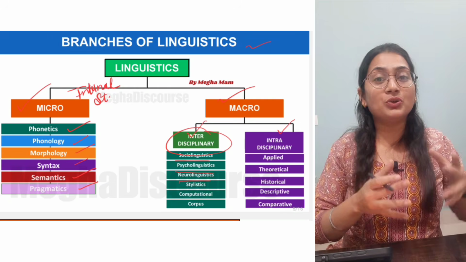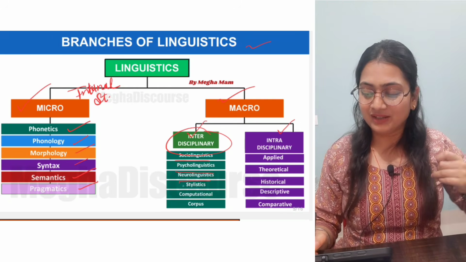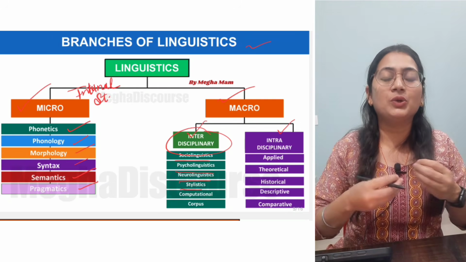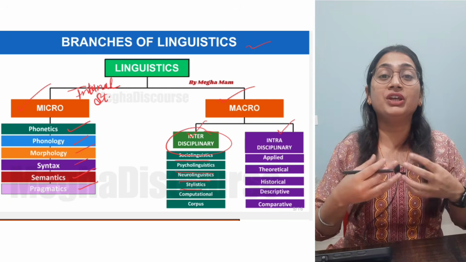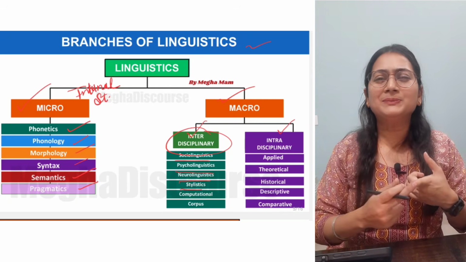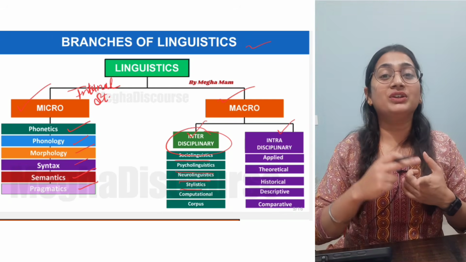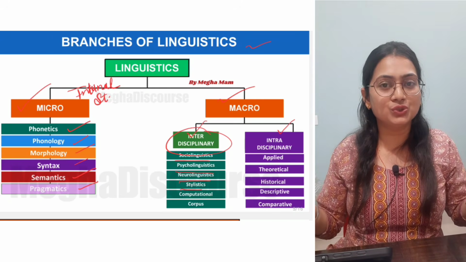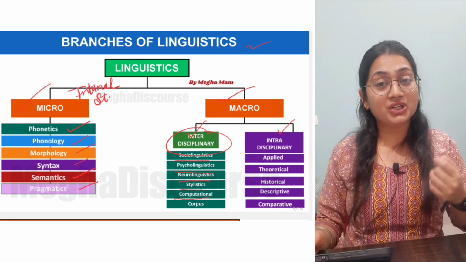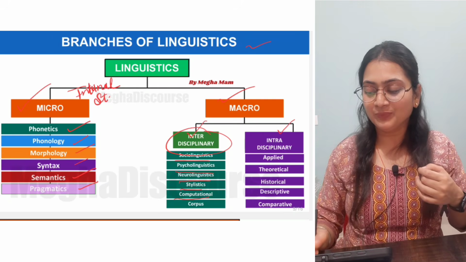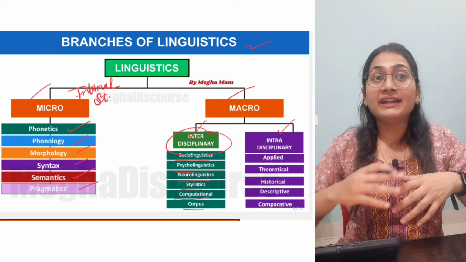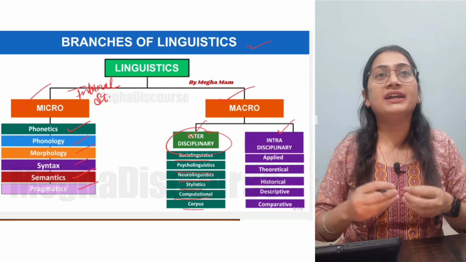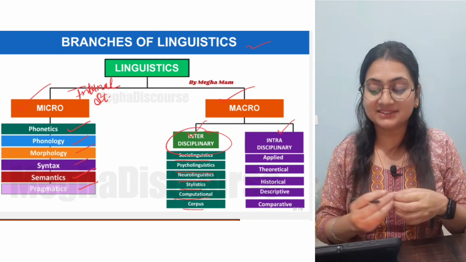Neurolinguistics, linguistics related to neuro, that is the brain. Stylistics, that is the study of literature, how we use rhythm, tone, rhyme, free verse, which type of words we should choose. Then we have computational, that is computer science study. Scopes means to analyze large bodies, to analyze in a larger context, that is the scope study.